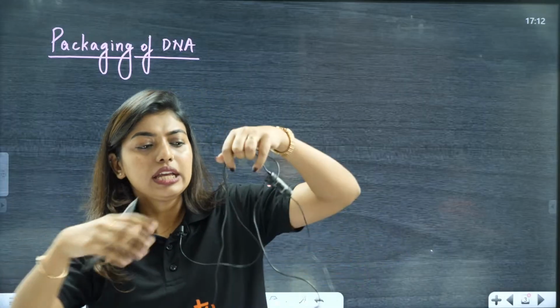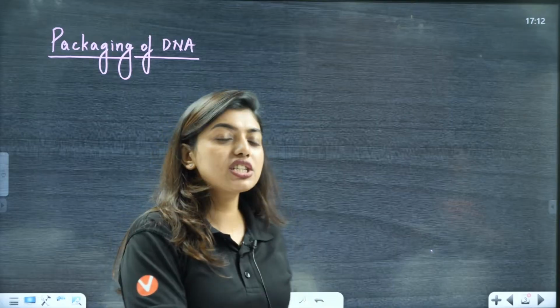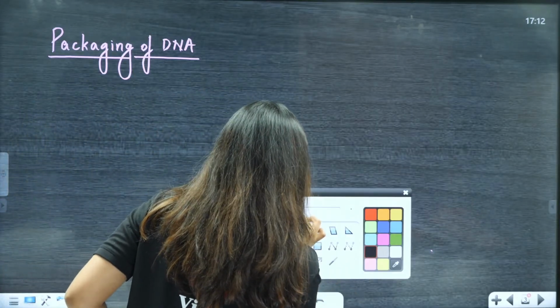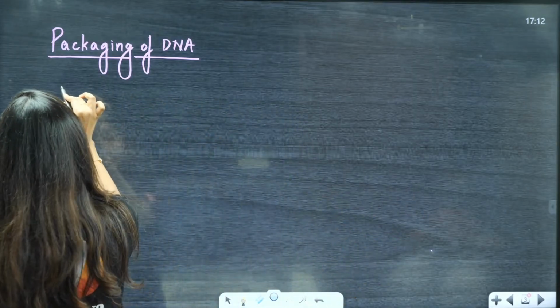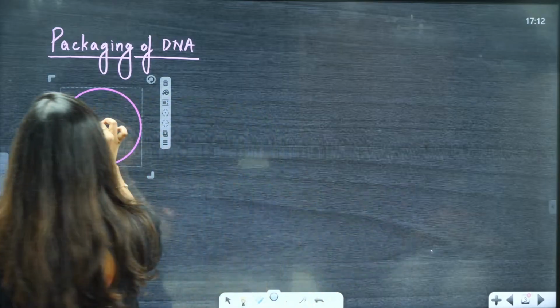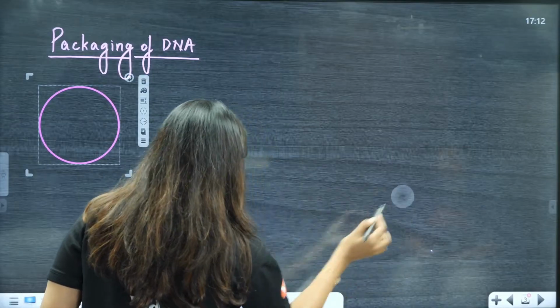I'm telling you this entire mic you have to fit into a small circle, which is 10 to the power minus 6. You have to fit the entire thing into a small circle. That small circle is your nucleus.